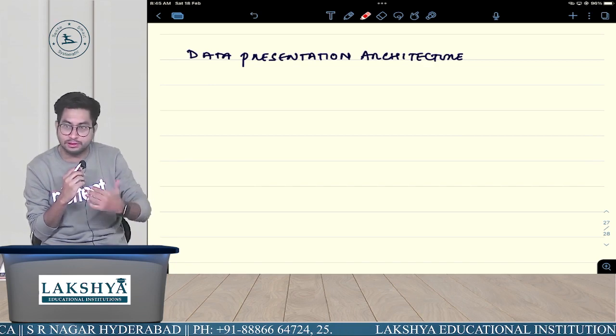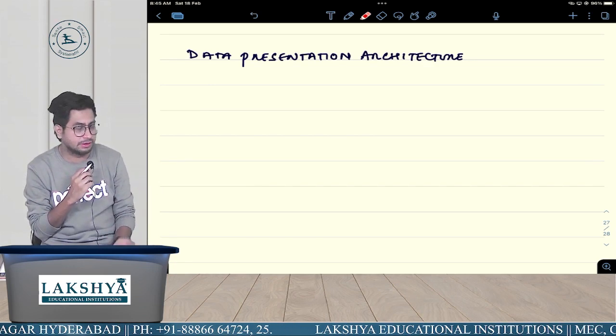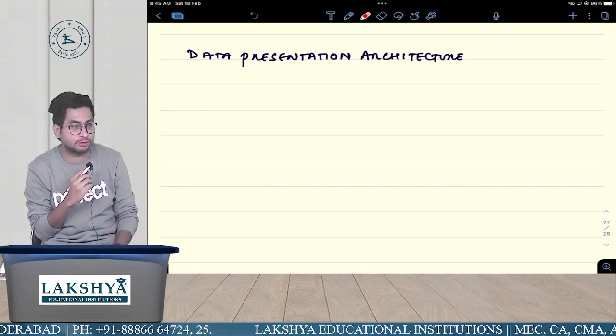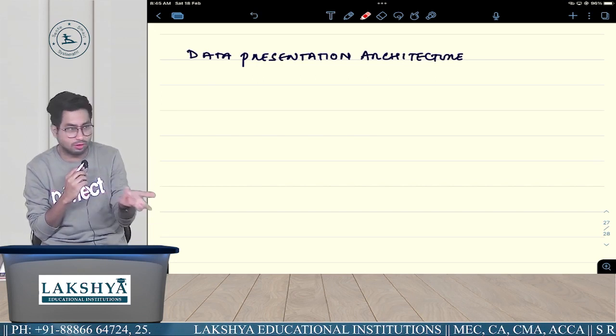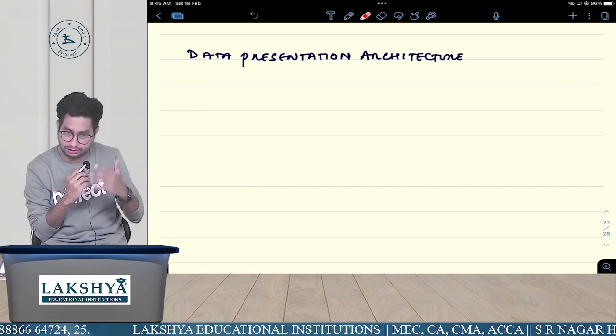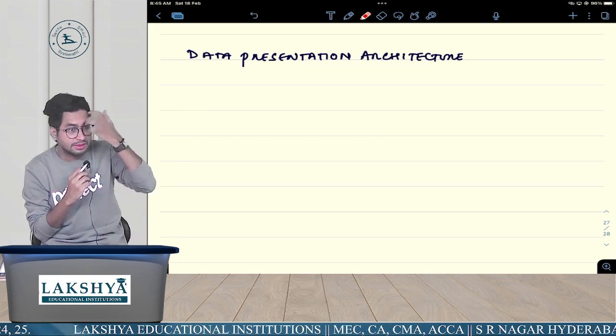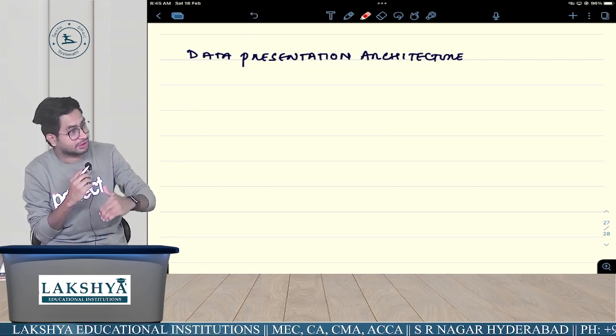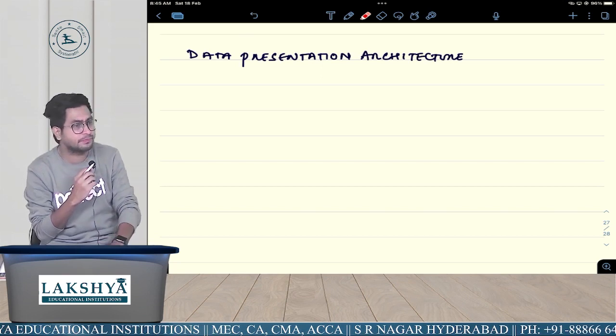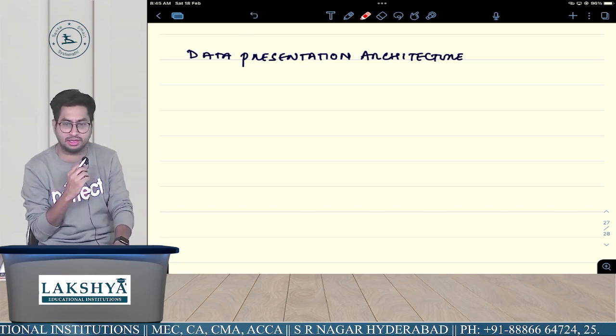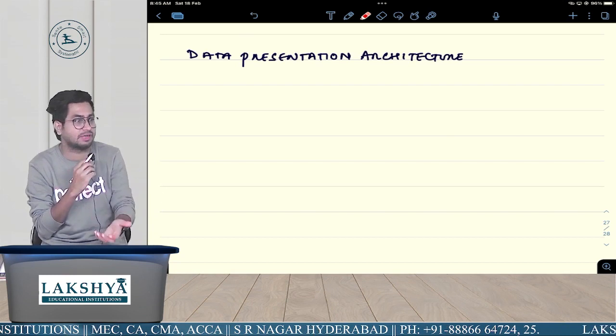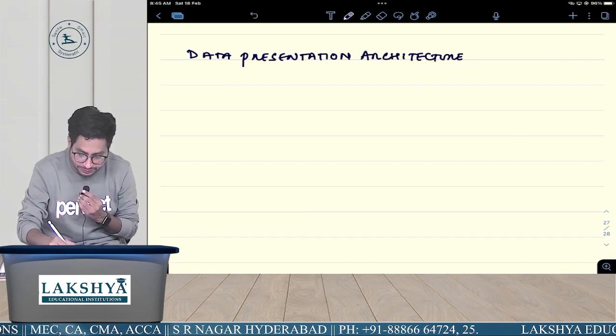But is the way of giving notes the same or different? Different. Your accounts faculty may give you notes in a different way. Your audit faculty will give notes in a completely different way. So every person's presentation is the same or different? Different. That is called what?